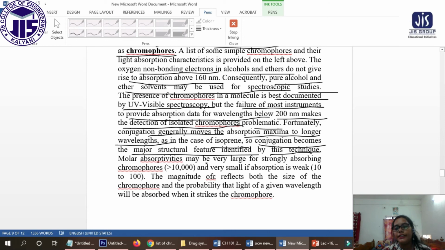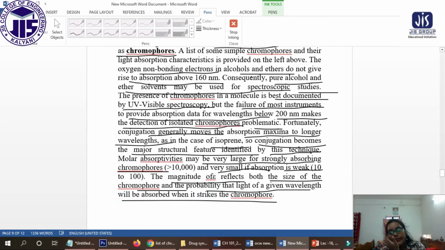Molar absorptivities may be very large for strongly absorbing chromophores and very small if absorption is weak. The magnitude of epsilon reflects both the size of the chromophore and the probability that light of a given wavelength will be absorbed when it strikes the chromophore. So this is all about the chromophores.